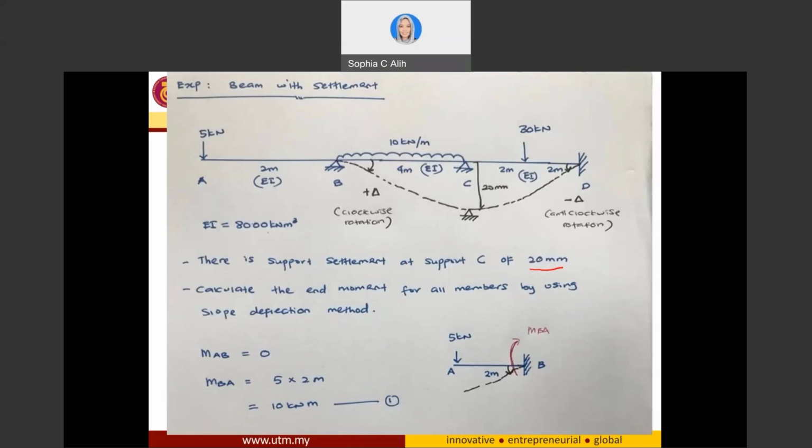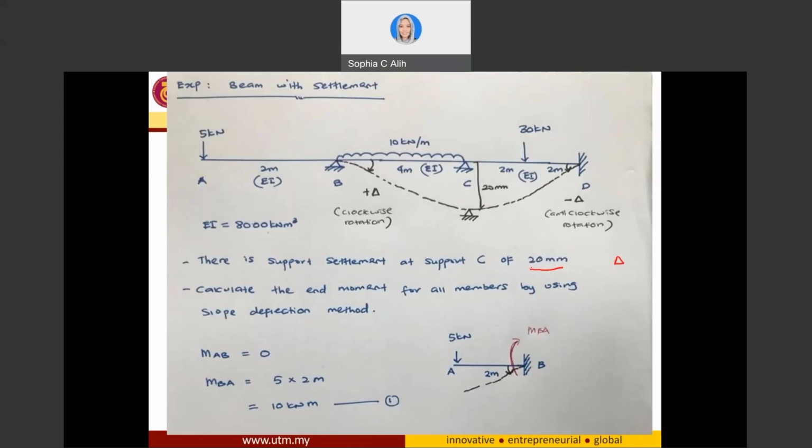And in this delta, you have to be very careful about the amount of the settlement and also the direction, whether it is positive or negative, because you're going to put it in this delta equation.